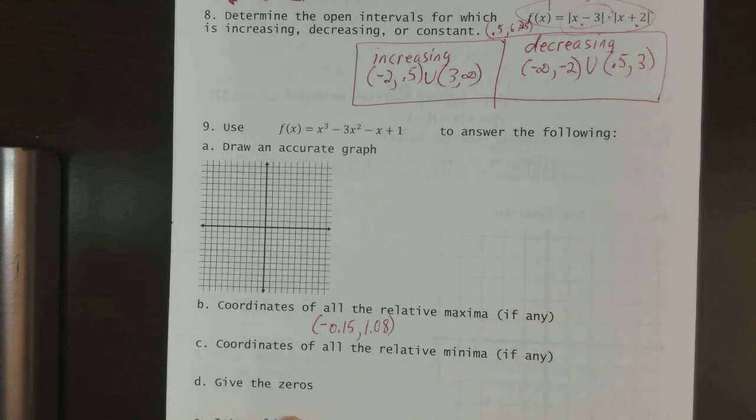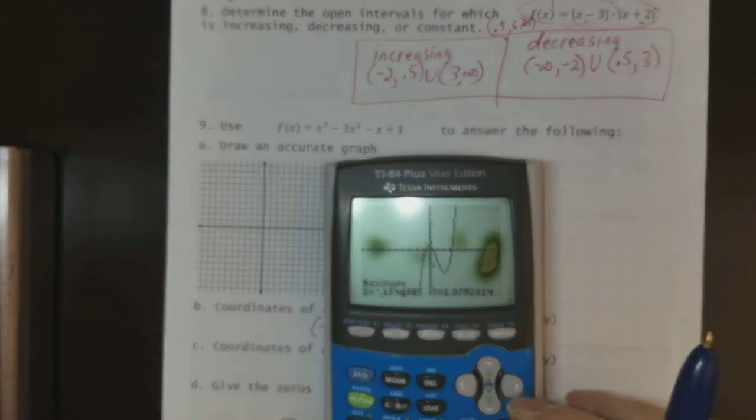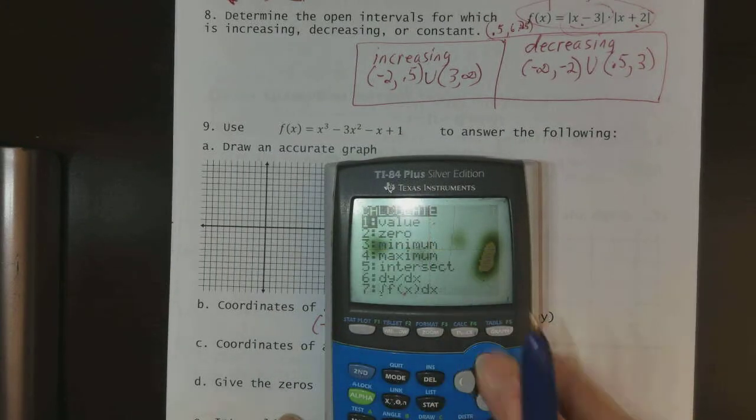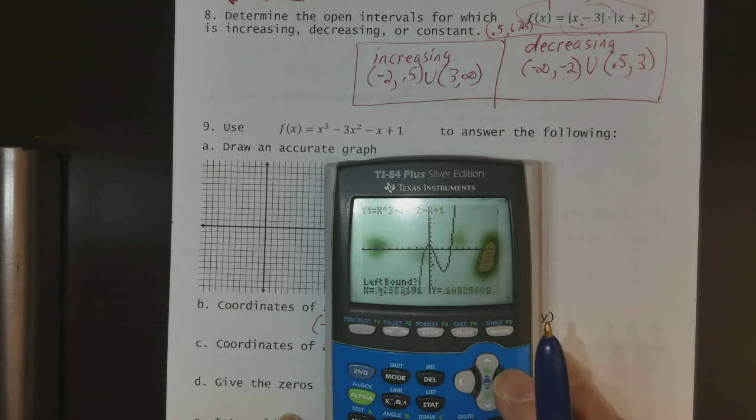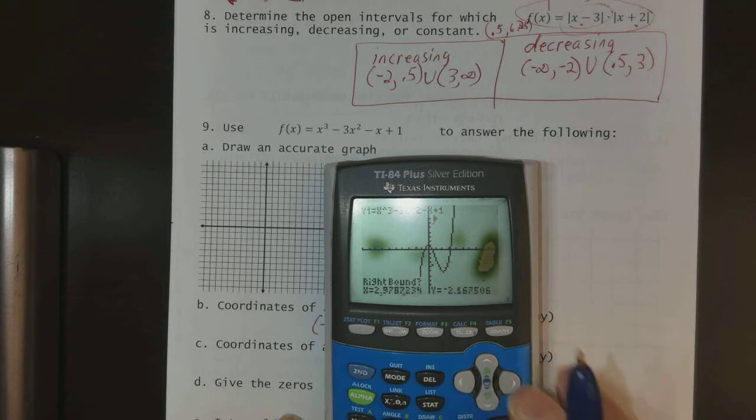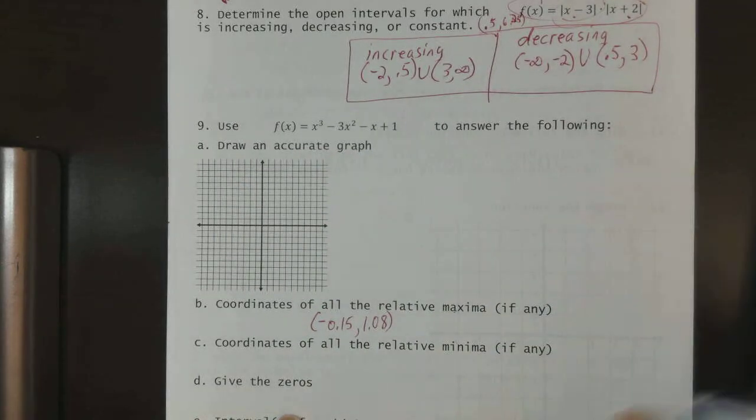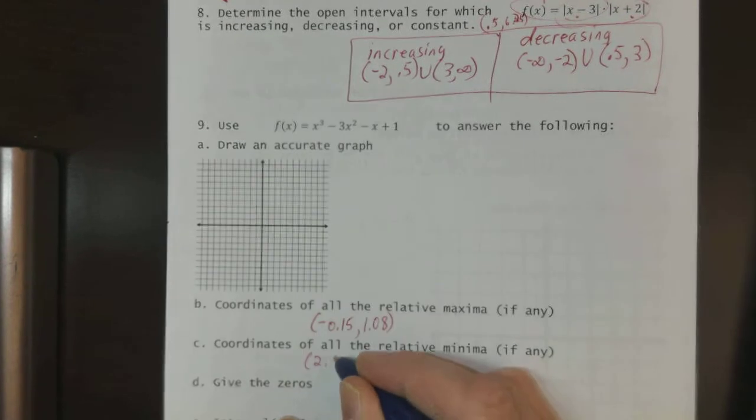We have a relative max there. Let's get this minimum. Second calc, minimum. Okay, hit enter for the left, hit enter for the right, and I got 2.15 and negative 5.08.